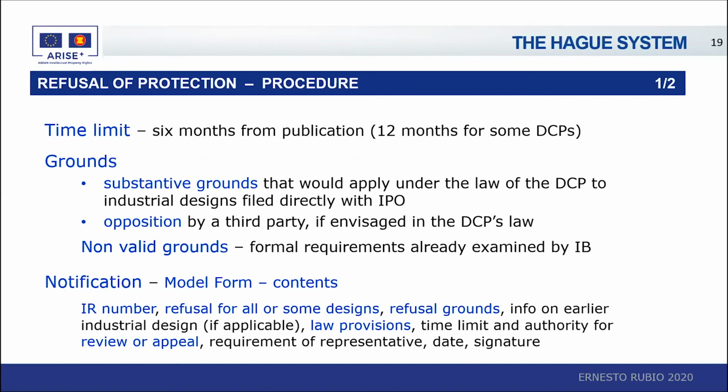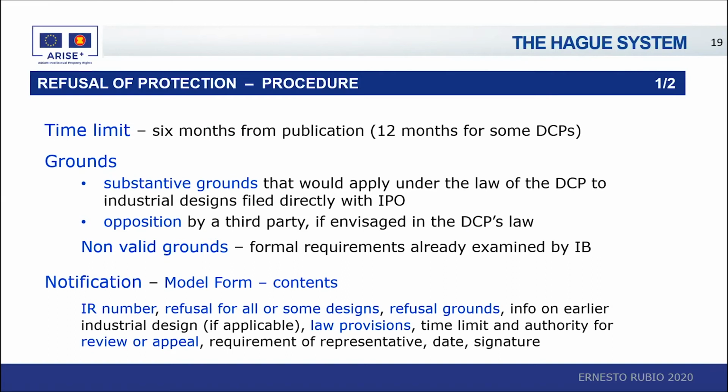You will have in principle 6 months to examine the international registration and possibly refuse protection. Now, if your country allows for opposition by third parties, you may have up to 12 months to do so. But a refusal of protection can only be based on certain grounds, in principle, substantive grounds that are envisaged in your law and that would apply to industrial designs that have been filed directly with your office.